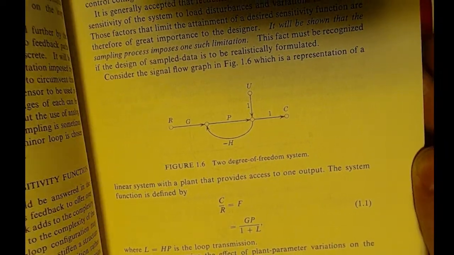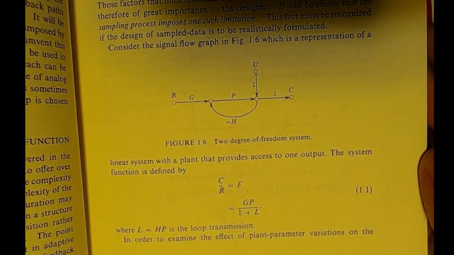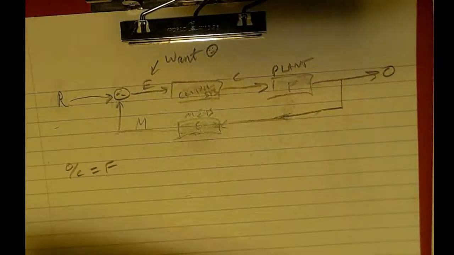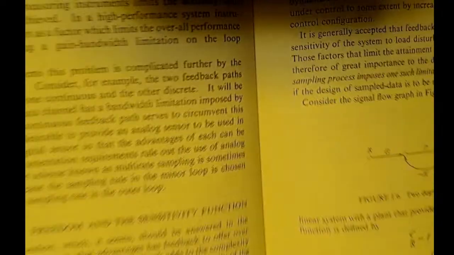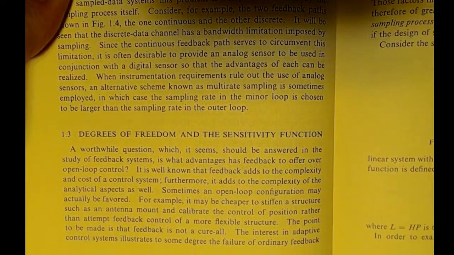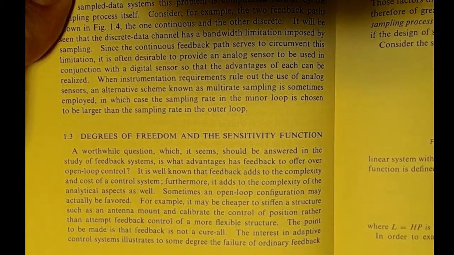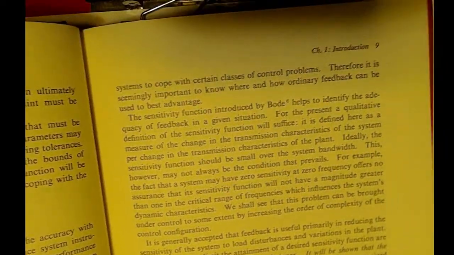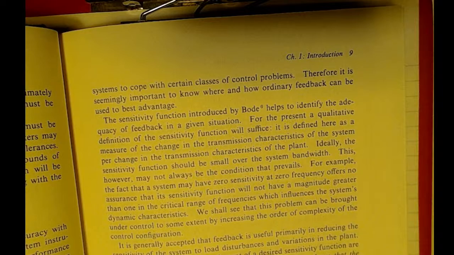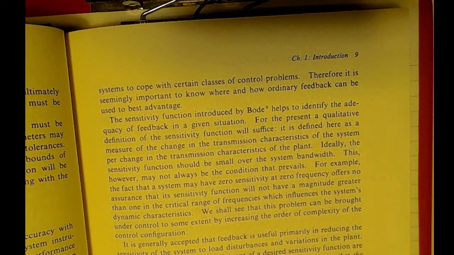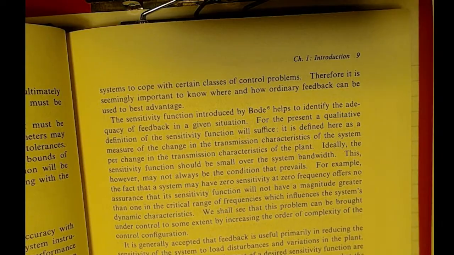Well, no, this doesn't look the same. There's this U thing. I don't know what U is. Okay, there is something about degrees of freedom. Hold on. Oh yeah, it was just the page before. They don't actually say what they mean by degrees of freedom.